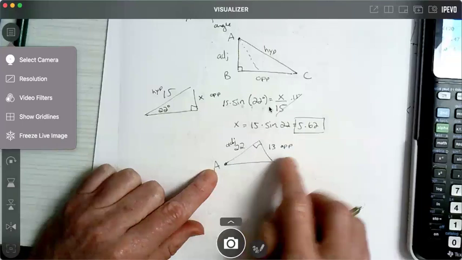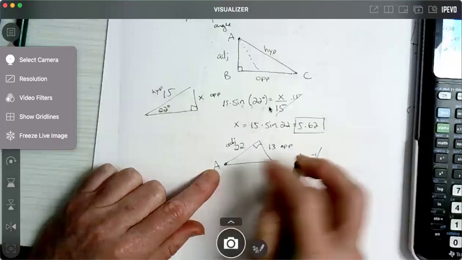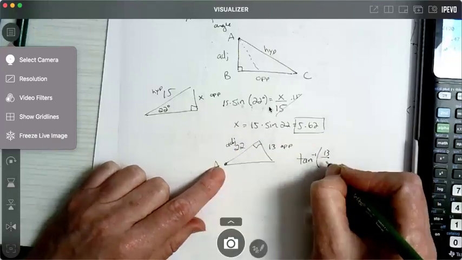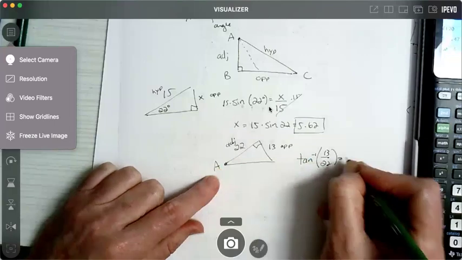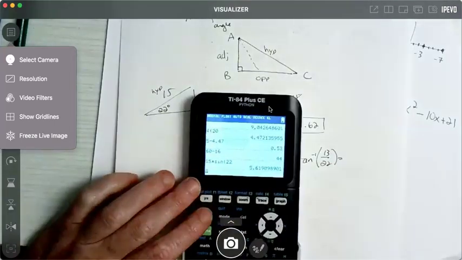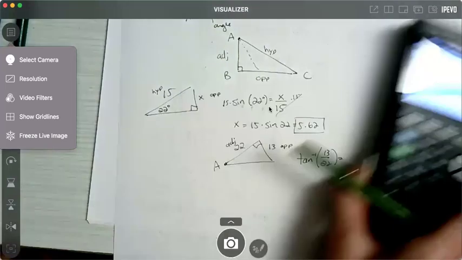So I'm going to use the tangent, but since I have the sides, I'm going to use the inverse. And the tangent is opposite over adjacent, so that's 13 over 22. And then when I do this in the calculator, it's going to give me the angle. So second tangent, and then 13 divided by 22. And I get 30.58. And this is degrees.